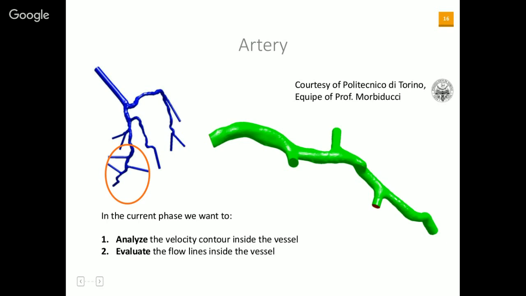It's the terminal part of the vessel, and we will analyze the velocity contour inside the vessel as well as the flow lines. And you will see how everything can be very explicative in terms of how the flow behaves interacting with the walls of the vessel.